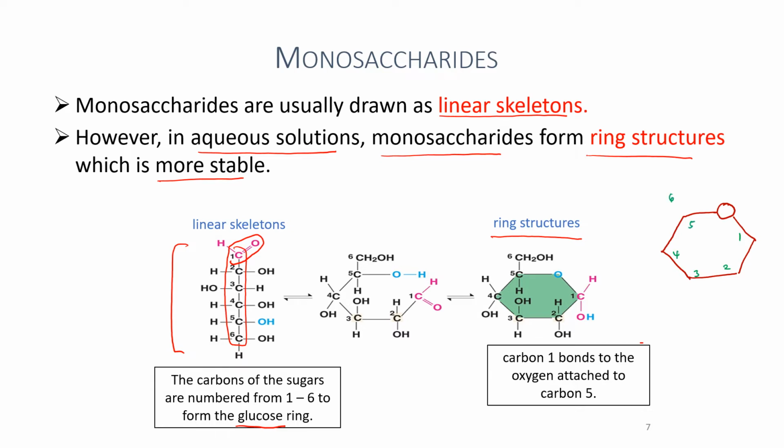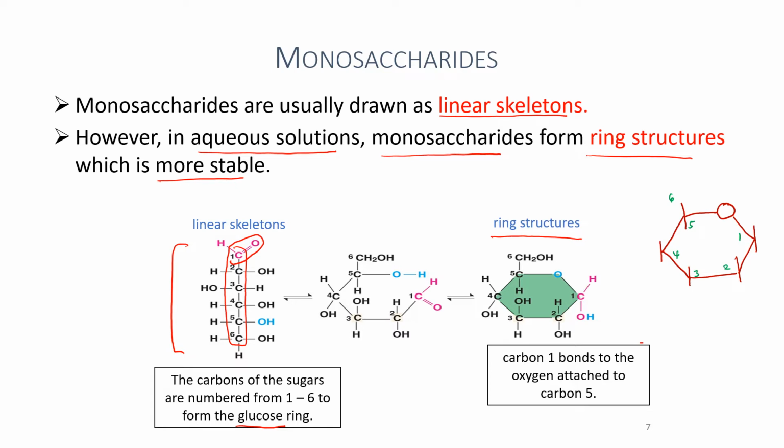Then you put a straight line at each edge here, indicating the presence of a carbon atom, and then you add the atoms that are attached to each of the carbons.